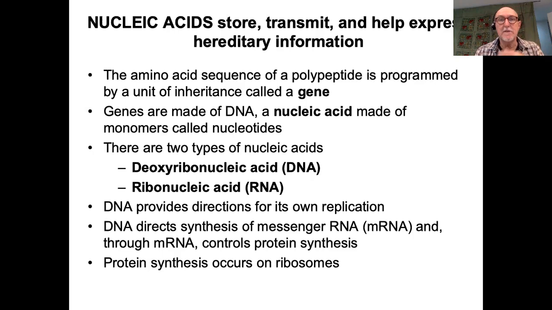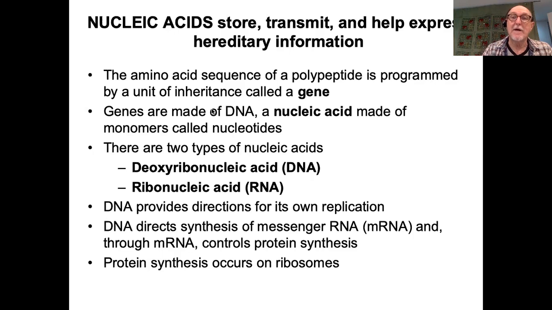So it doesn't talk directly, it talks indirectly to the cell. And the nucleic acid that it talks to the cell with is called RNA. And I'll show you the difference in a minute. The DNA is transcribed to RNA, and the RNA is translated then into protein.